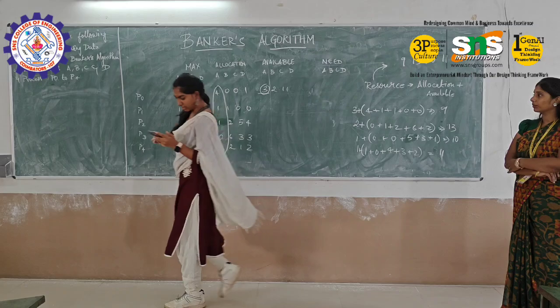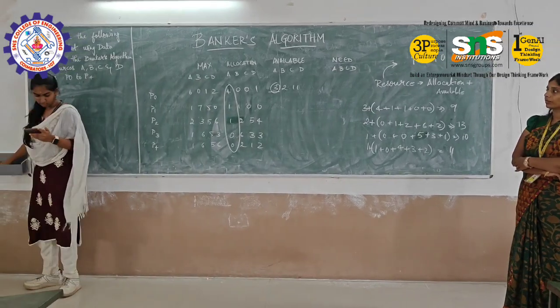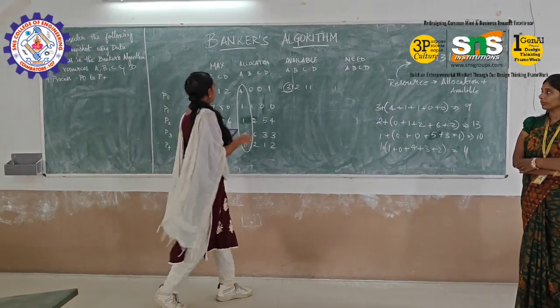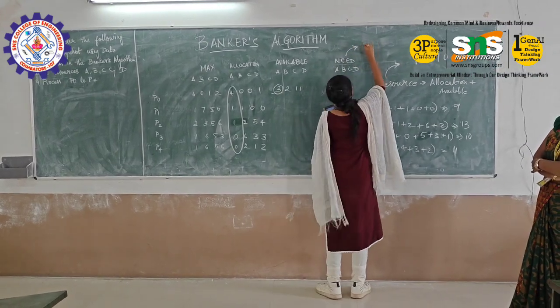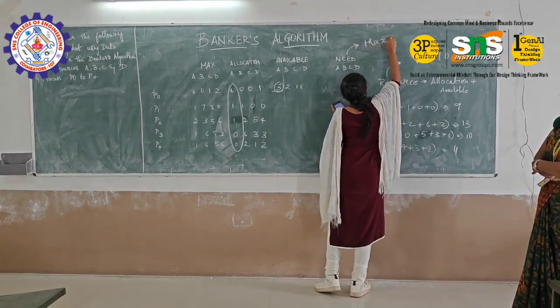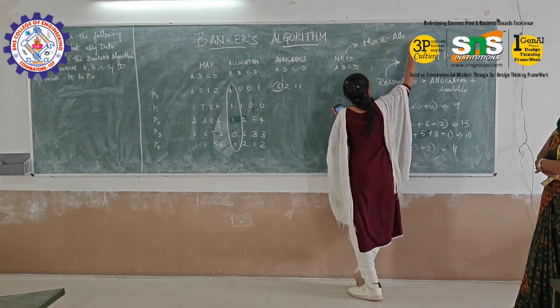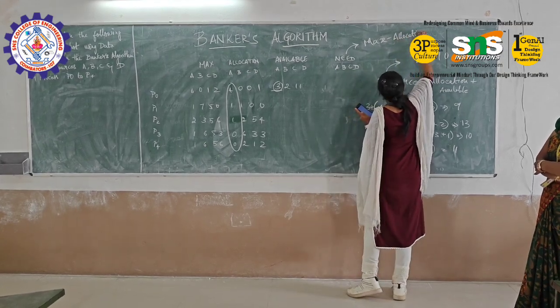So in this question, next we are needed to solve the need of the processes. The formula for need is max minus allocation.